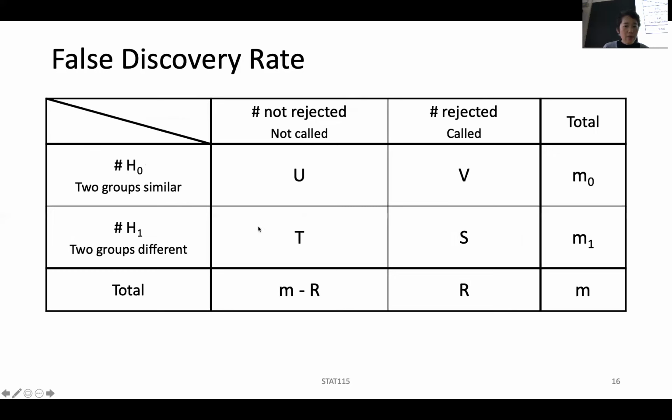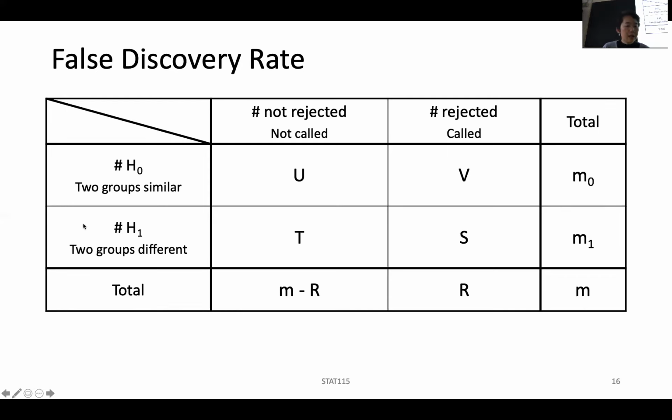If we look at a study like this, the rows are the truth. H0 is your null hypothesis. You say the two conditions or the two groups of samples are actually similar. There's no difference in the gene expression.